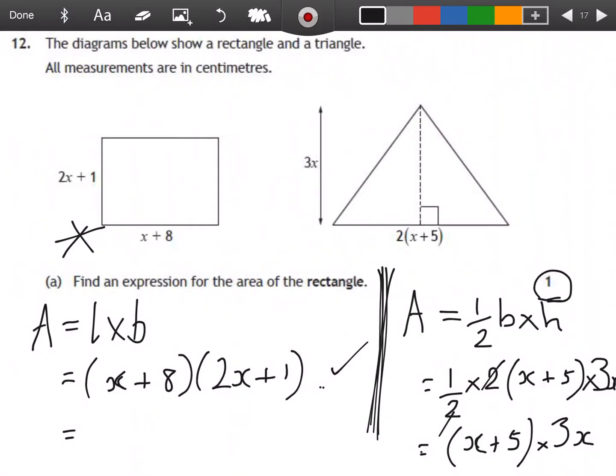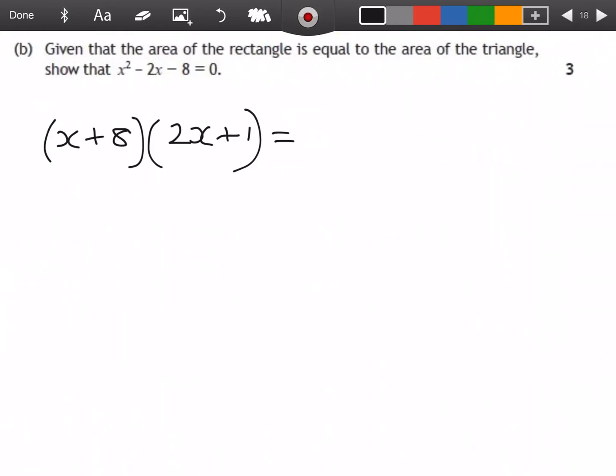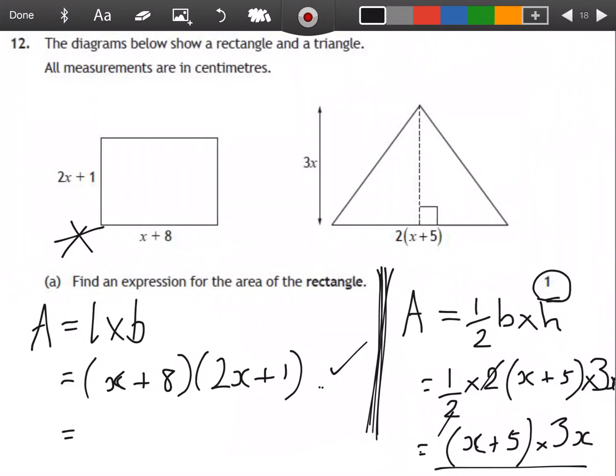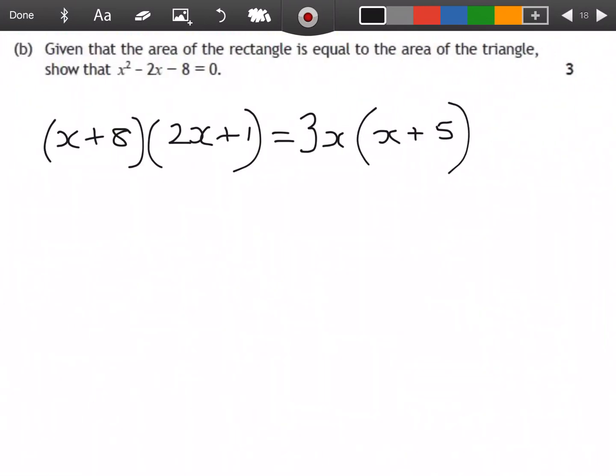I'm going to have my area of a triangle formula, this one here. x plus 5 times 3x. Now, because it's x plus 5 times 3x, I'm just going to put my 3x at the front, okay? 3x times x plus 5, which is exactly the same as the x plus 5 times by 3x. Okay, so that's our two formulas. I've put them equal to each other.